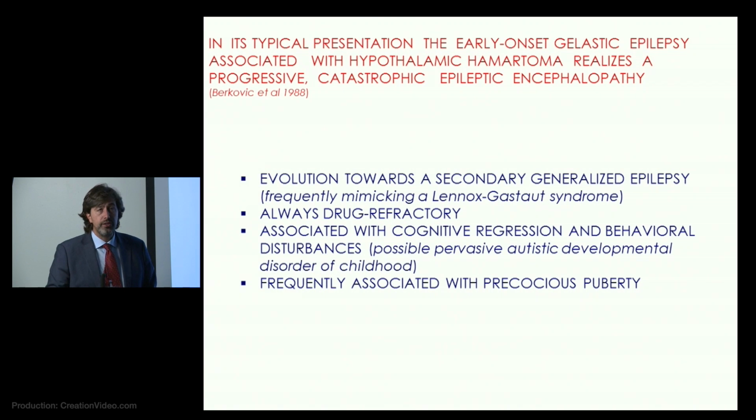And this is what is going to happen in patients that experience what has been called pseudo-Lennox-Gastaut syndrome. So patients that start with gelastic seizures but develop different types of seizures like atonic, drop attacks, tonic seizures with cognitive regression. It is very important to know that some patients might go toward this horrible direction.